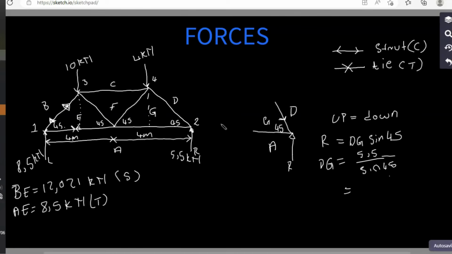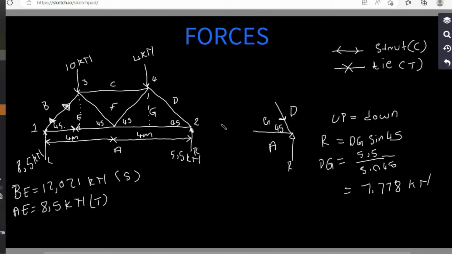And that, according to my calculator, is equal to 7.778 kilonewtons. And it is positive, meaning the direction is correct.